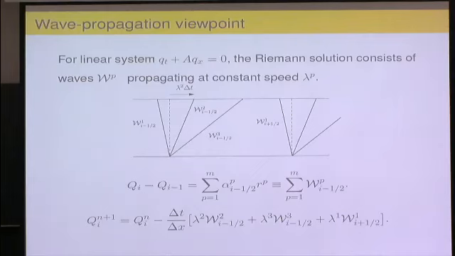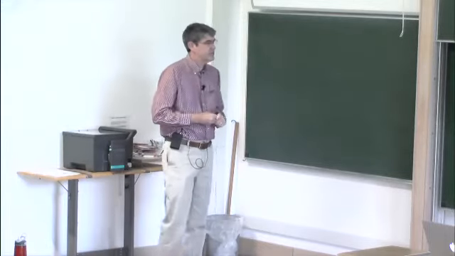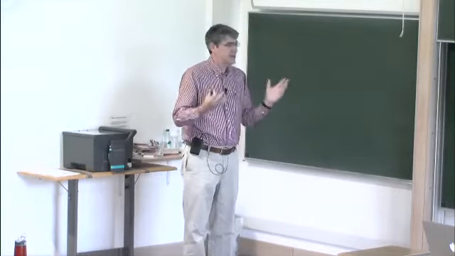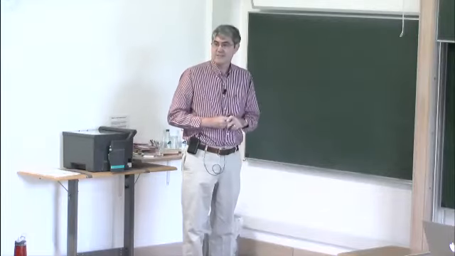And from the right, there's one wave traveling at speed lambda 1, which would be negative here. This is the update corresponding to Godunov's method for a system of equations, and it's a direct generalization of the upwind method to working in characteristic variables, basically.